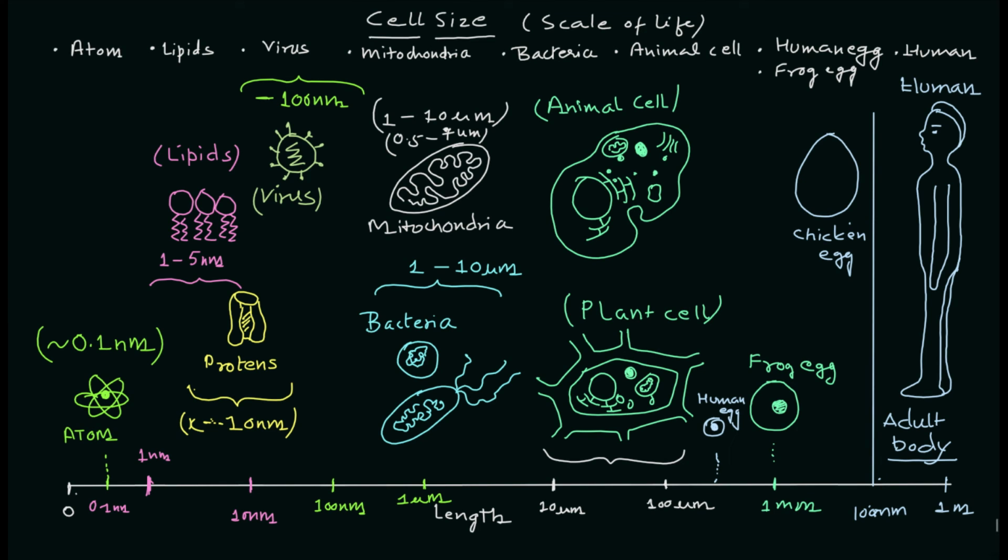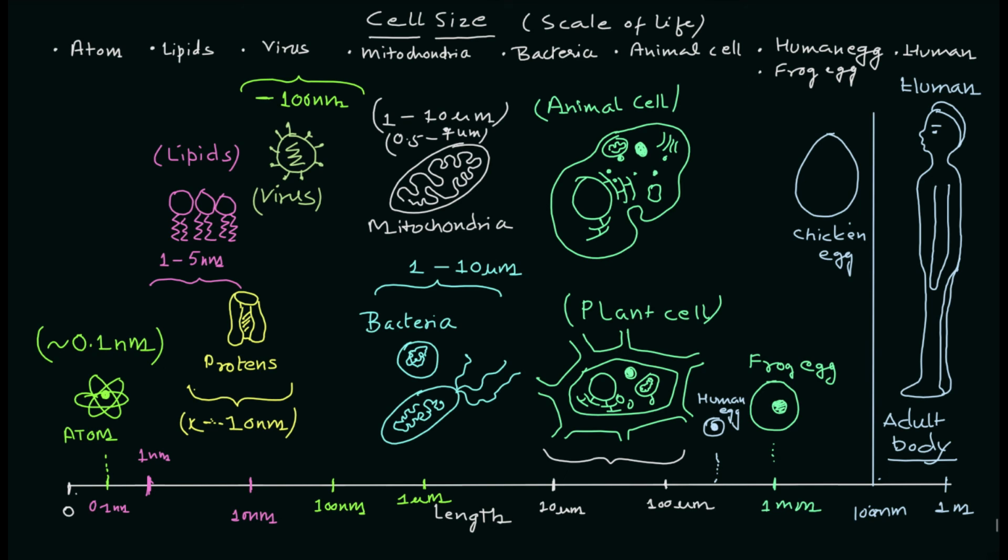As you can see in this slide, I've tried to show you the different components of the biological system, from atomic, then we moved on to the molecular. After that, we moved on to the cellular and multicellular, and then you have the entire human body, which is again multicellular.